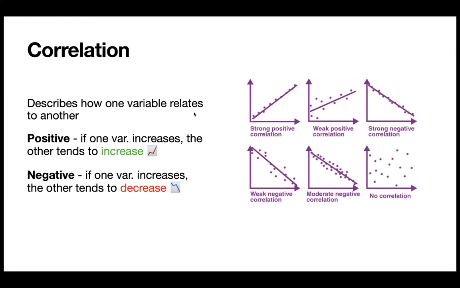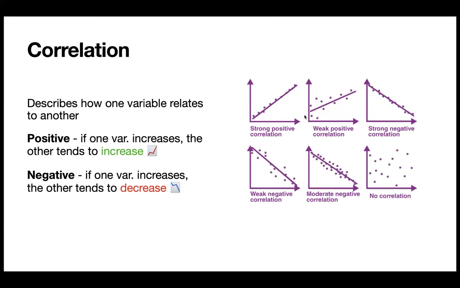We can make a scatter plot like here. Yeah, so if we have correlation, our values will be aligned like that or like that, or the correlation can be low.